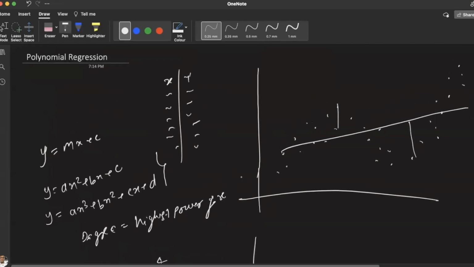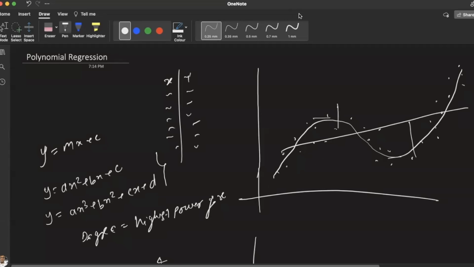Okay. Now in this example, if we draw a curve, let's say this one, how many critical points are there? So 1, 2. So 2 critical points are there in this. There might be more, but as of looking in the data, we can say the minimum number of critical points we can have is 2.